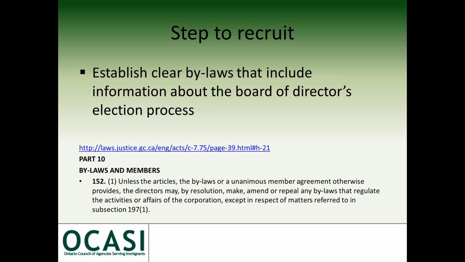A very good tool is the Nonprofit Corporations Act, which basically outlines the whole idea of how to do board recruiting and board governance. It's a very good tool. The link is right here, so take a look.